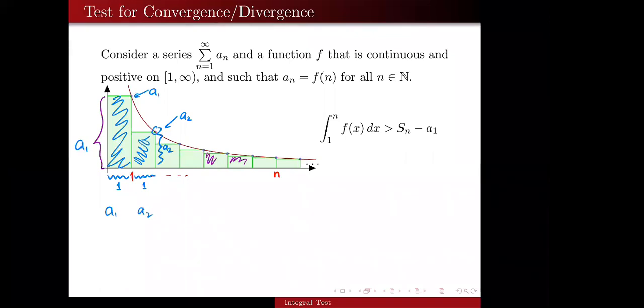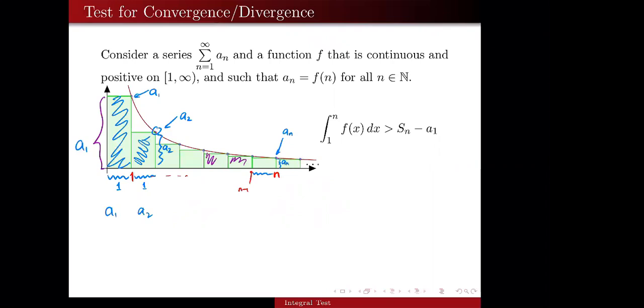And you continue the process until AN. At this point here, this is your AN because this is N here. The height for this is equal to AN, and the width, this guy here, is N minus 1.